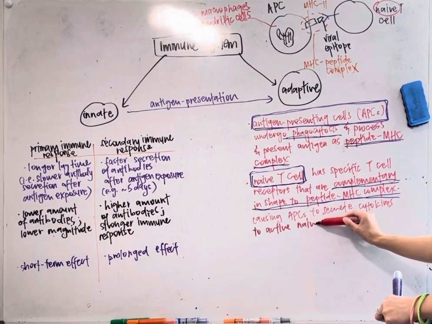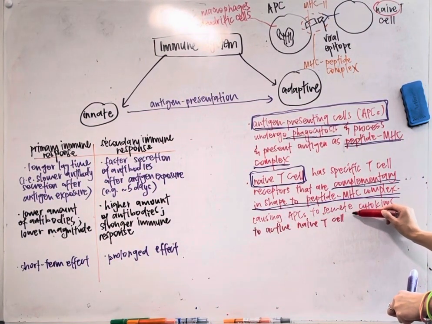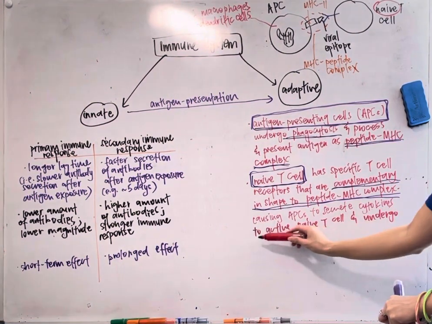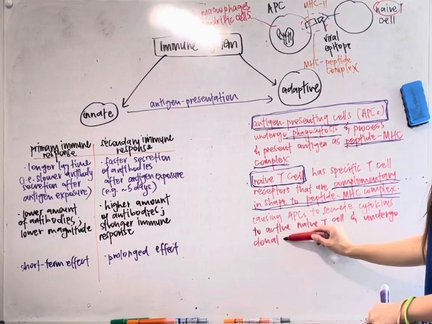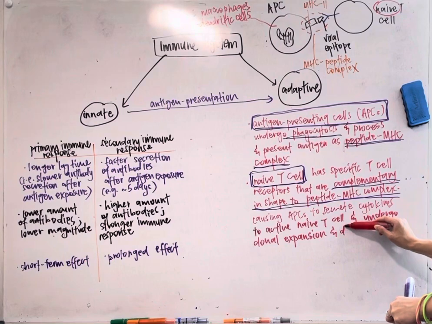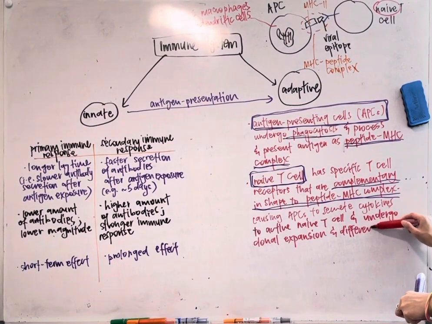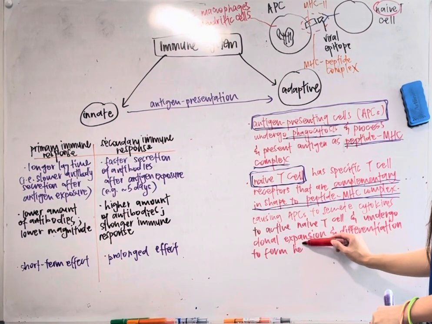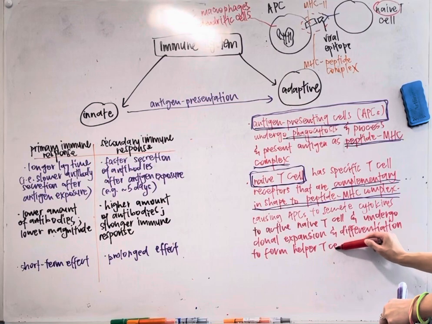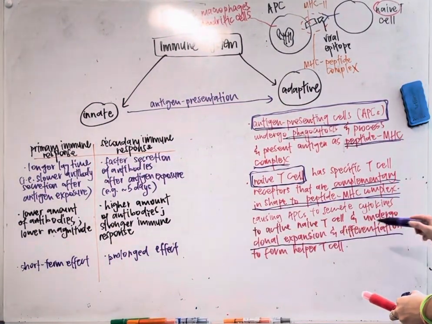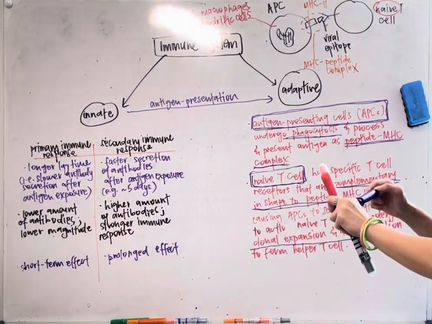So, to activate naive T cell, the keyword you always say is undergo clonal expansion and differentiation, so you become much more specialized, to form helper T cell.